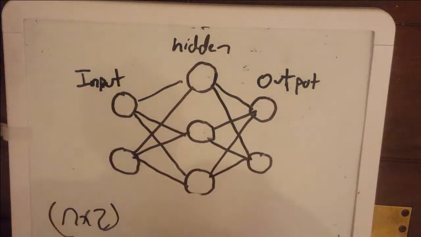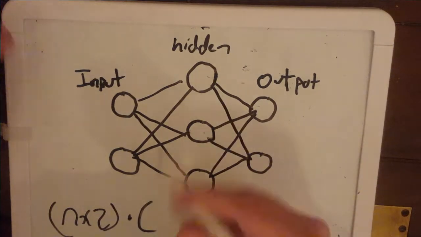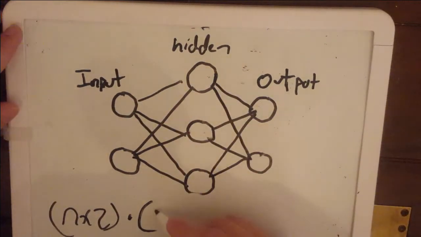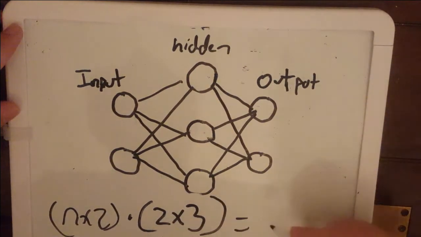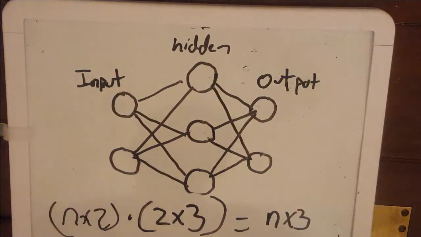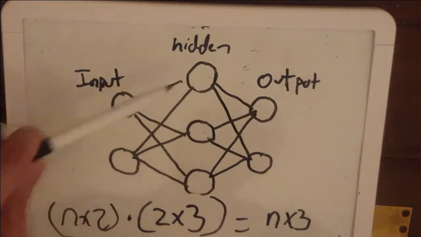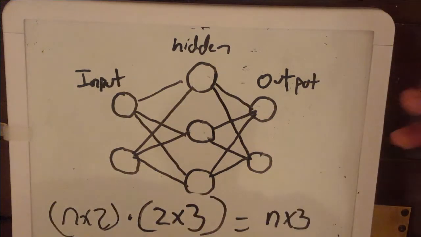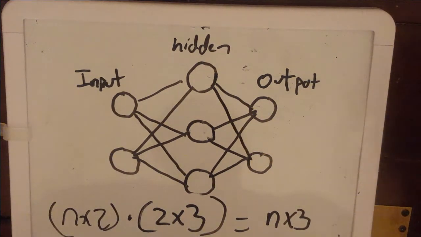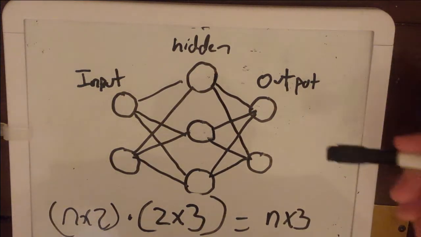So how we do that, our weight matrix is going to have a size of 2 by 3. And this is going to output an n by 3 matrix, which is what we want. So our column length is going to be equal to 3, and we can input that into our next layer. Then we'll add a bias and then the activation function.